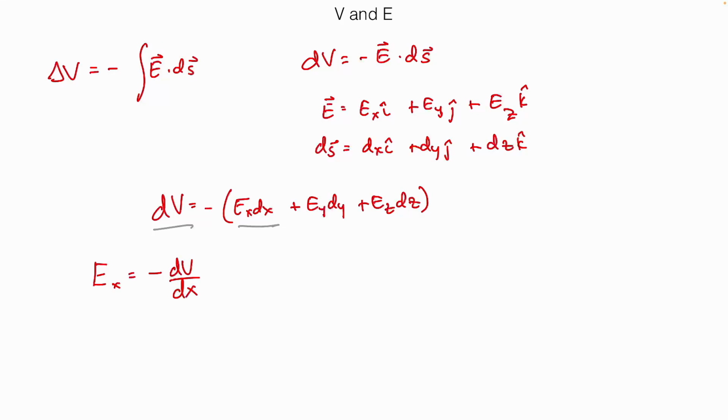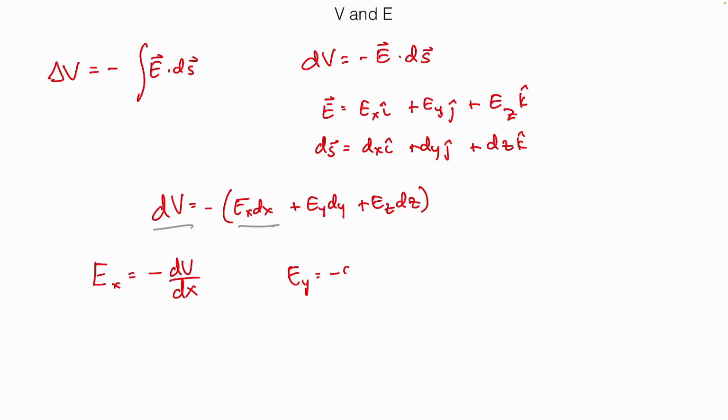Calculus-wise? It's a derivative. So if I want to find the magnitude of the electric field in the x direction, I take my potential function, whatever it is, and do d/dx, and I can find the x component? Yes! How do I find the y component?